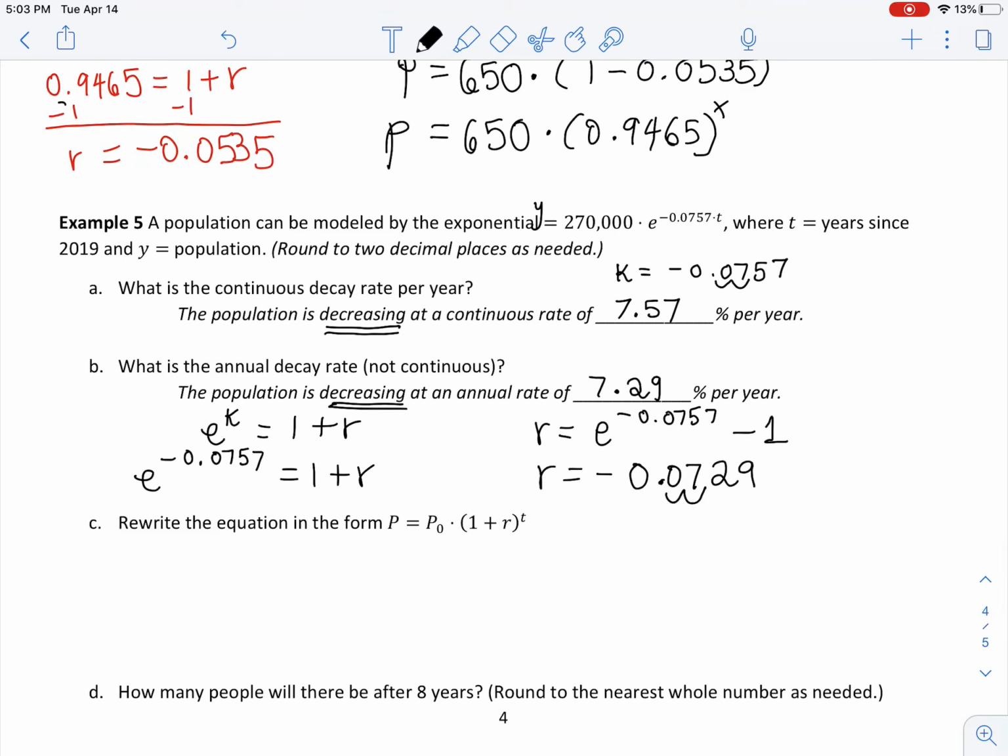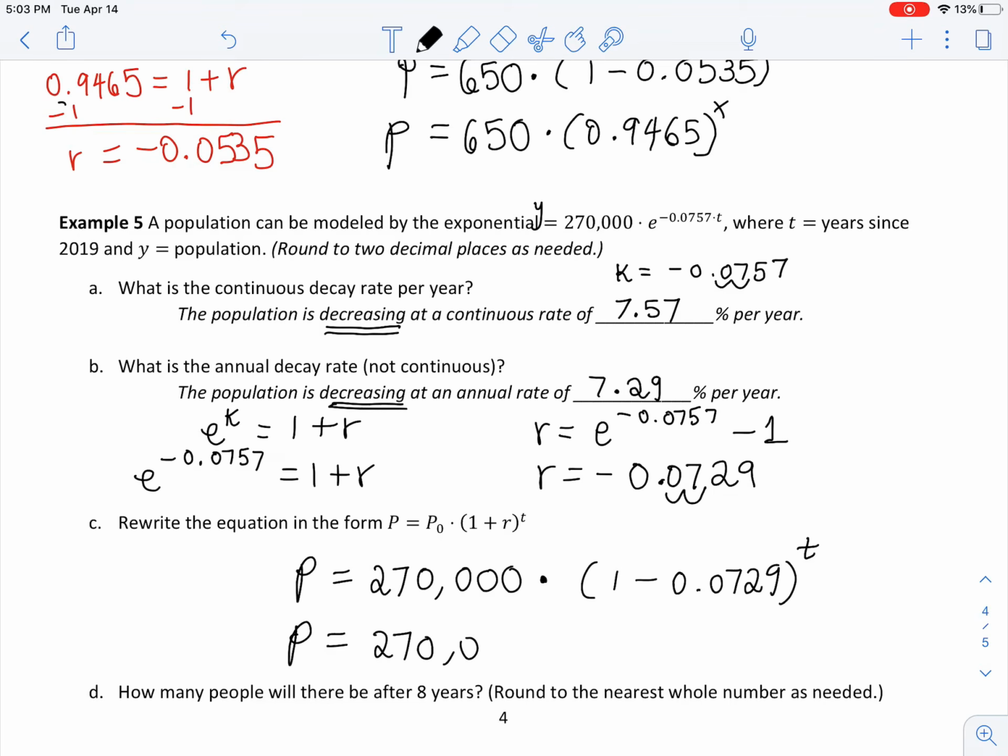Rewrite the equation in the form P equals P naught times 1 plus r to the t power. Well, that's going to be P equals, what's P naught? The initial population is still 270,000, and we're going to multiply that by 1 minus 0.0729, and that's getting raised to the t power. So P equals, if I simplify all the way, 270,000 times, now what's that going to give me?